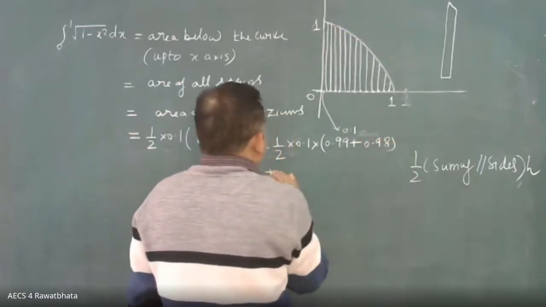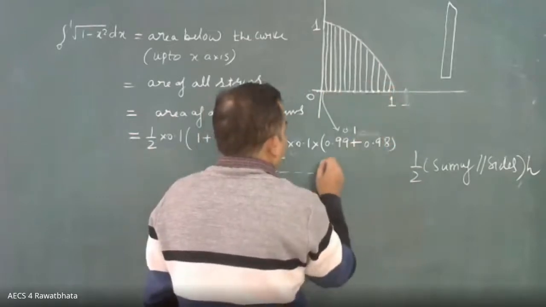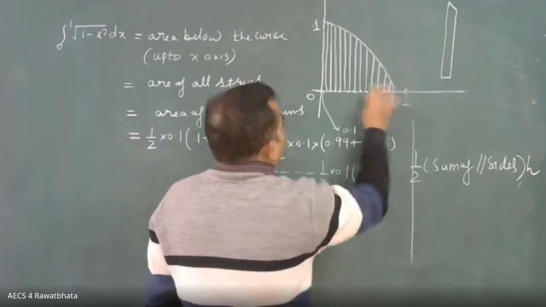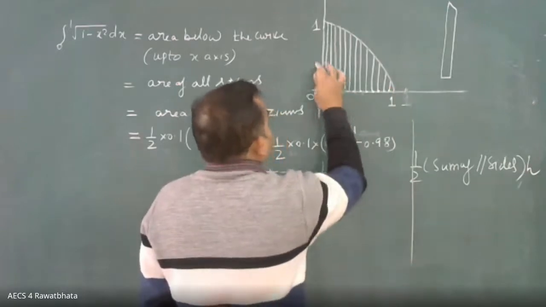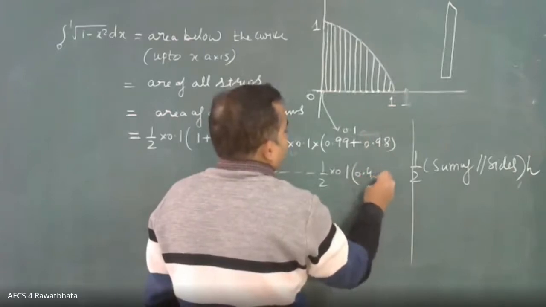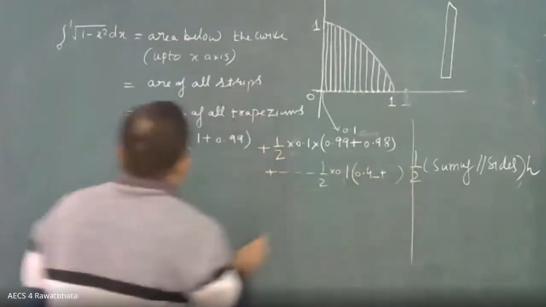Like this will be smaller, right? Half into 0.1 into this will be very less, even lesser than 0.5. It will be 0.4 something, 0.43 something, like that it will be.